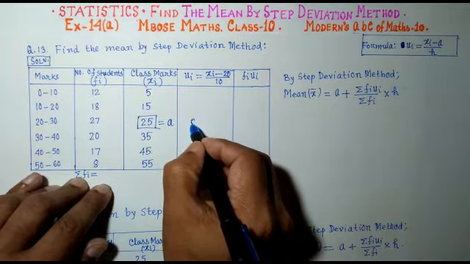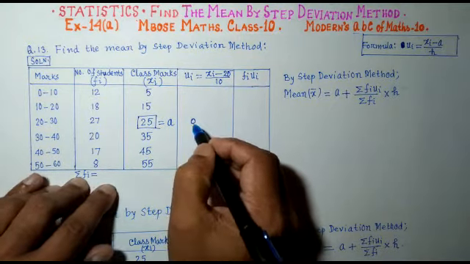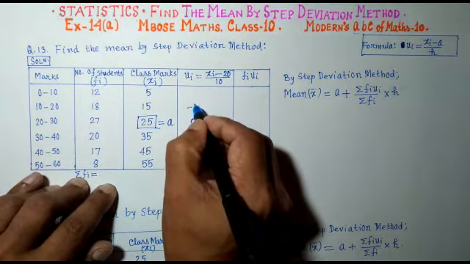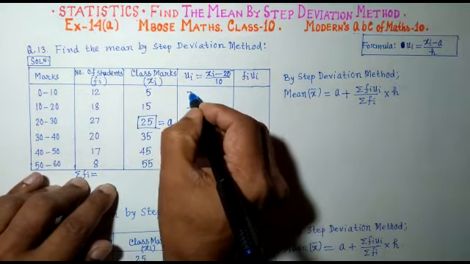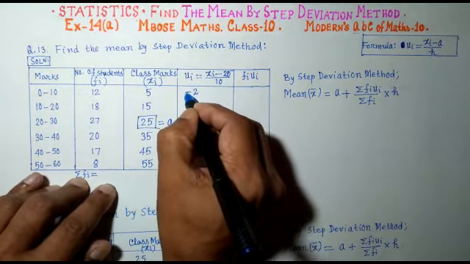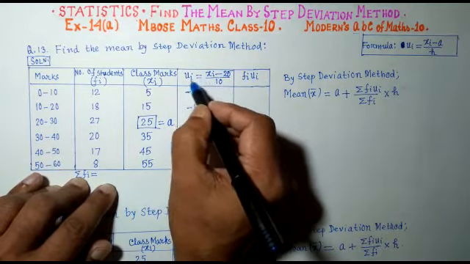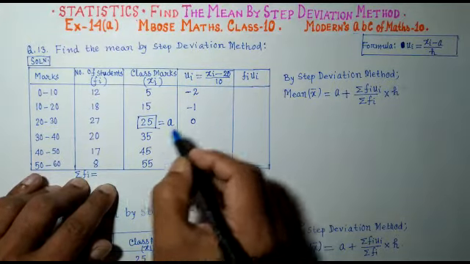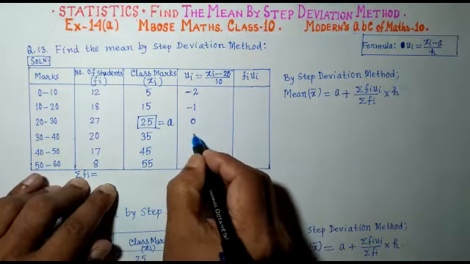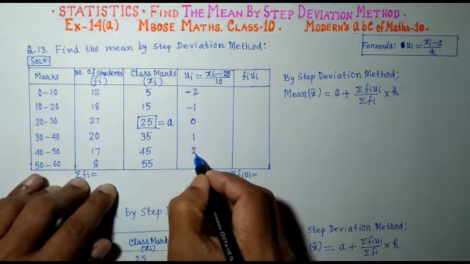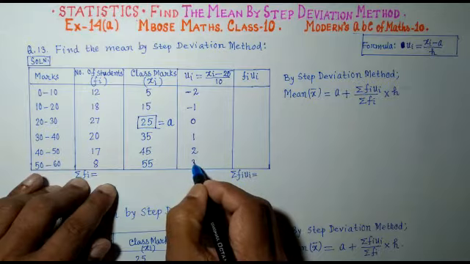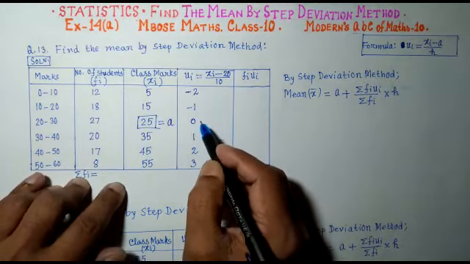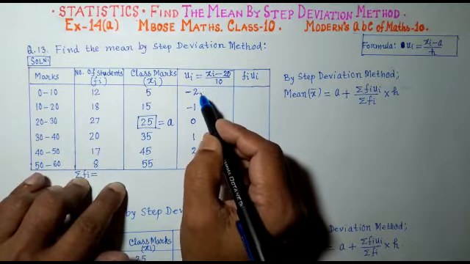From here as we go up, the first line value of ui is minus 1, then the second line is minus 2, and if there are more lines, minus 3, minus 4, etc. Coming down, the value of ui in this line is plus 1, the next line is plus 2, the next is plus 3, and with more lines, plus 4 will come. This is the quick method.